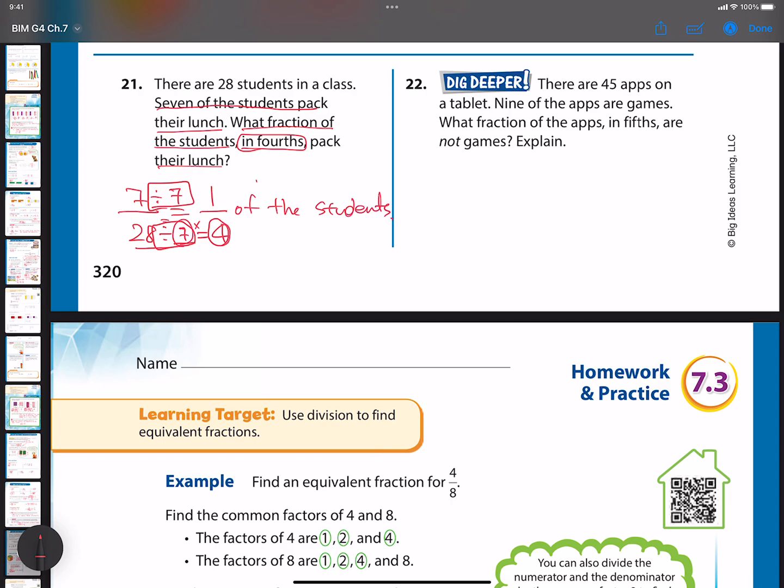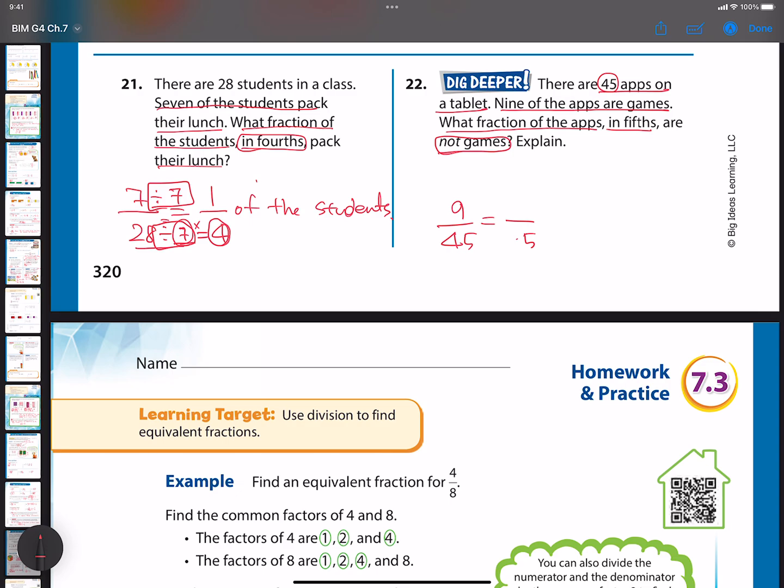Okay, there are 45 apps on a tablet. Okay, so how many total? 45 apps total. 9 of the apps are games, okay? 9 out of 45. What fraction of the apps in fifths are not games? This is a tricky question like yesterday, right? So last lesson was about what? Yeah, not completely the puzzle, right? Remember the lesson?